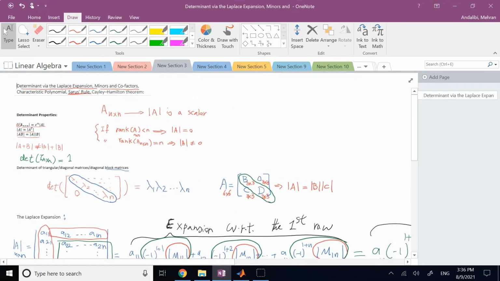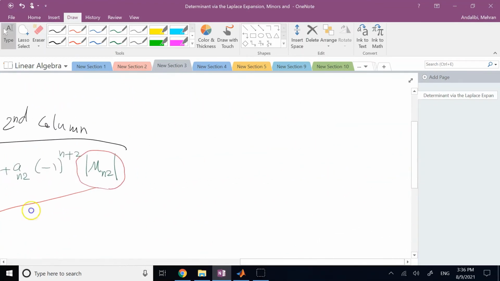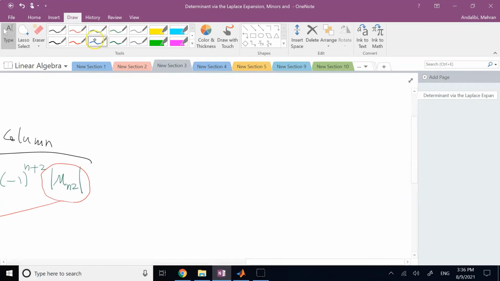Okay, so that's a determinant. Now, I mentioned something. It's good to talk about it right now. I told you about the expansion. You can expand with any row or any column. But is there any preference? The preference is if your matrix has some zeros in a row or column, you go for that row or column.